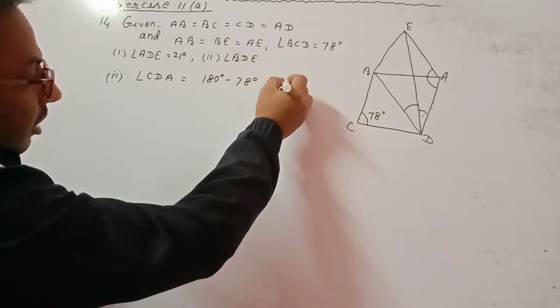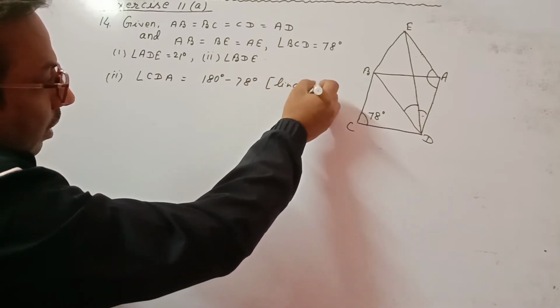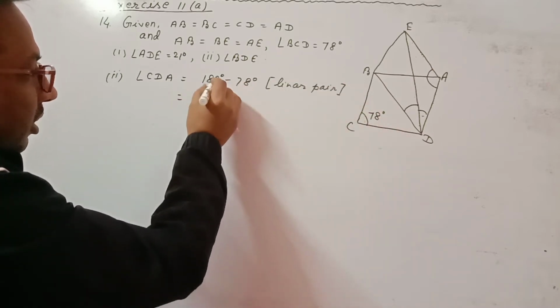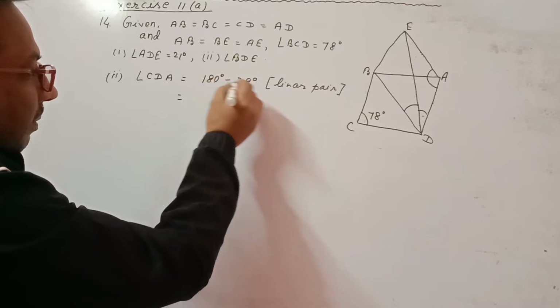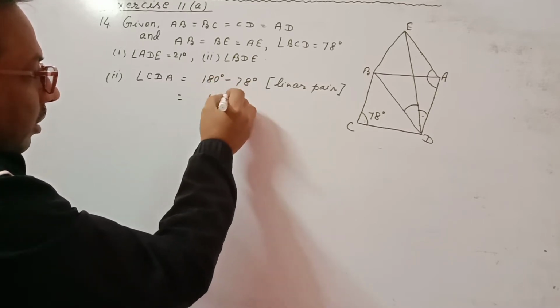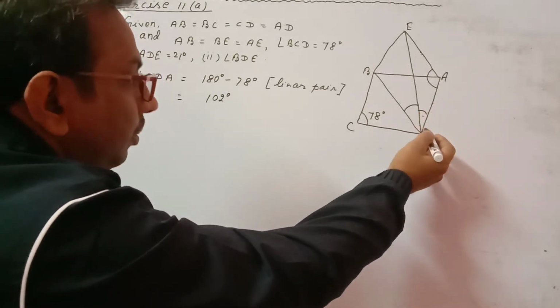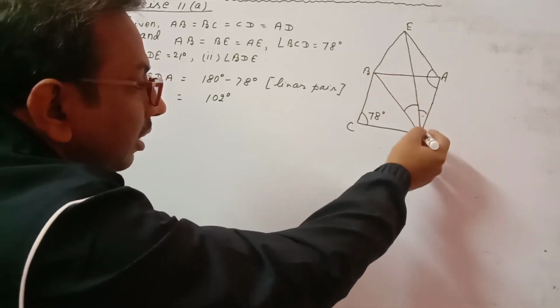Reason is linear pair. So the subtraction gives 102. Now, CDA is 102 degree and this is the diagonal.